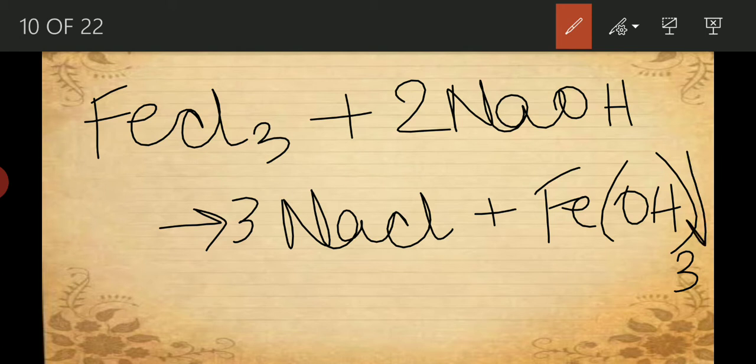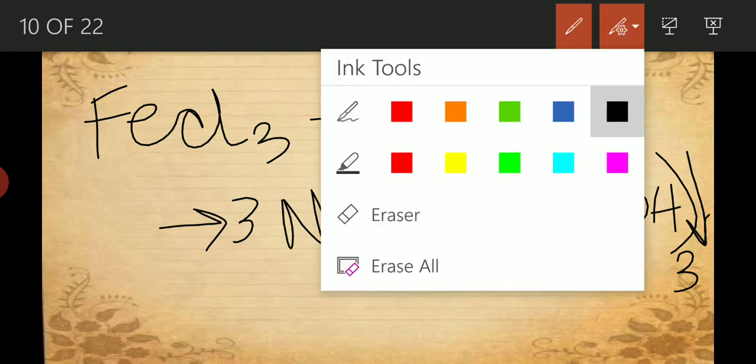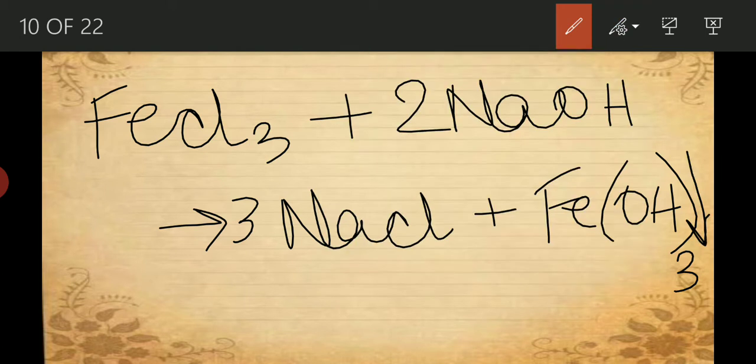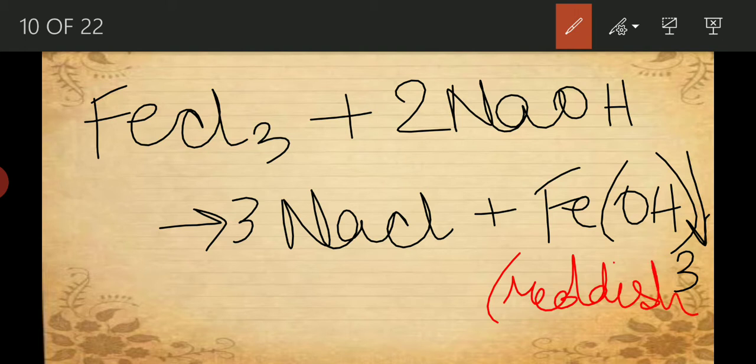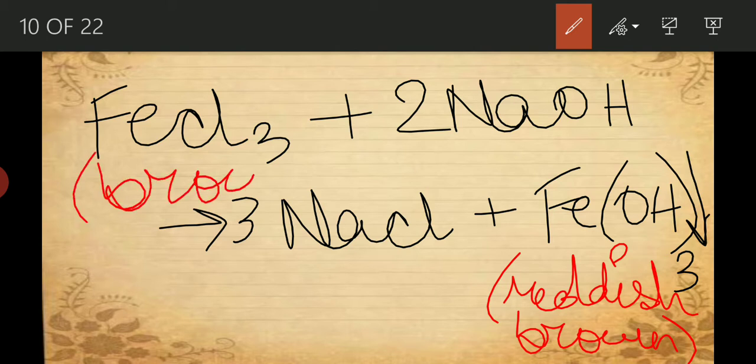Just like ferrous hydroxide, ferric hydroxide also forms a precipitate, but here it forms a reddish brown precipitate. And ferric chloride is brown in color. Clear? Ferric chloride is brown in color.